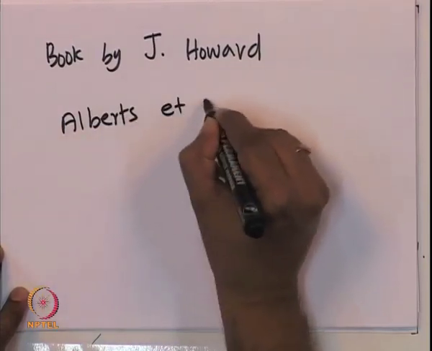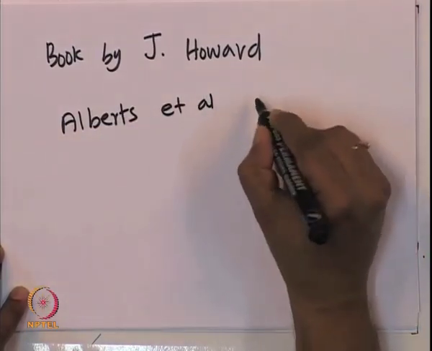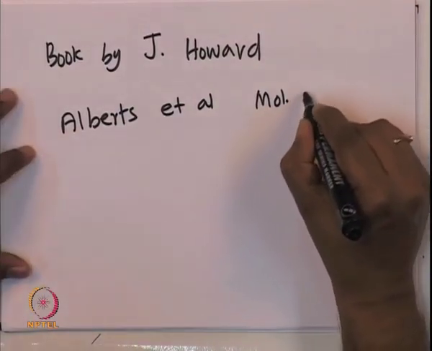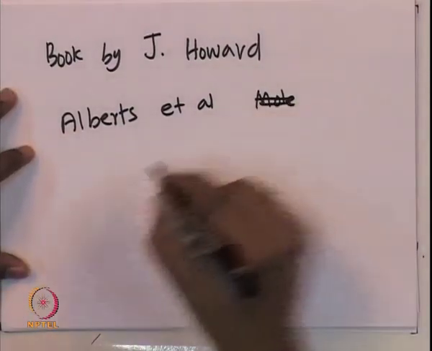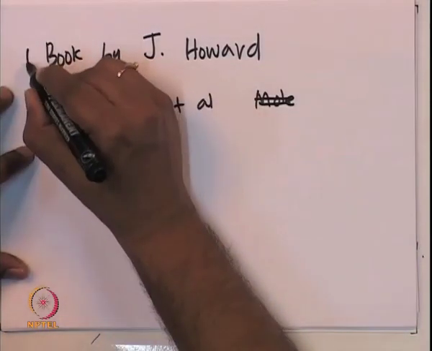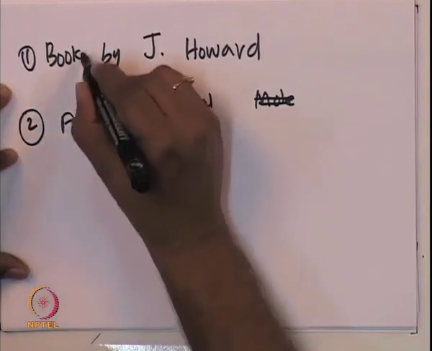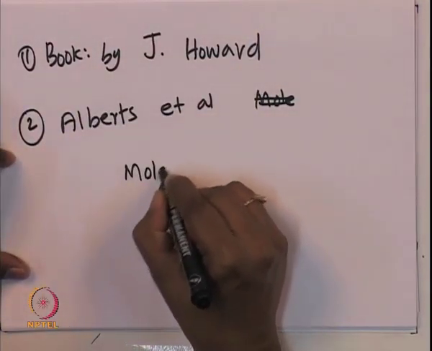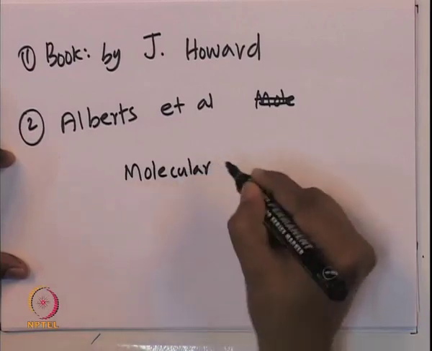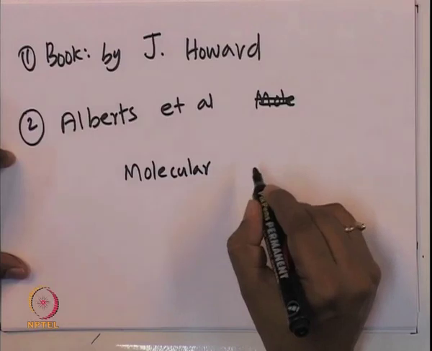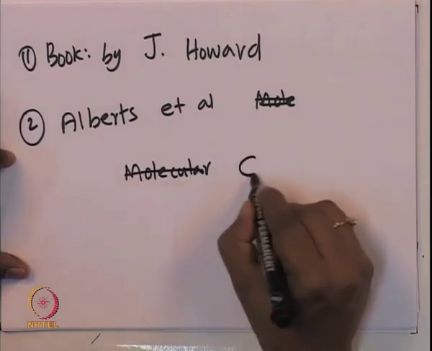Alberts et al., Molecular Biology of the Cell. So, this book name is Alberts et al. This is one book. I think it is typically called Cell, right?